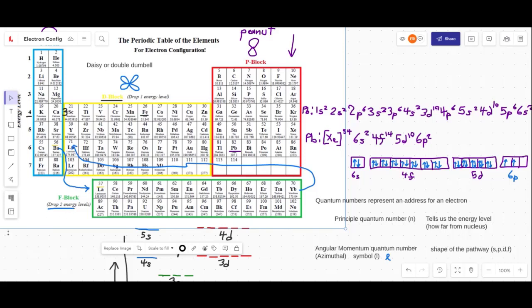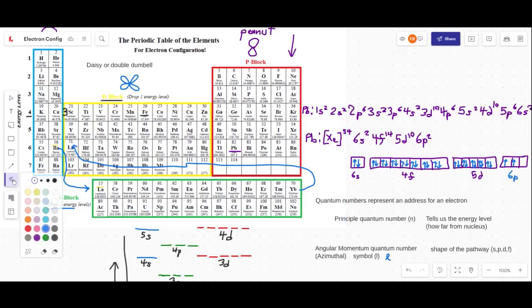And then F, this is only one possible shape. This is only one possible orbital shape. It actually has a number of other ones that are really weird. But the F block is right here, and it has this kind of fountain-looking shape, kind of like it's spraying out in all directions.